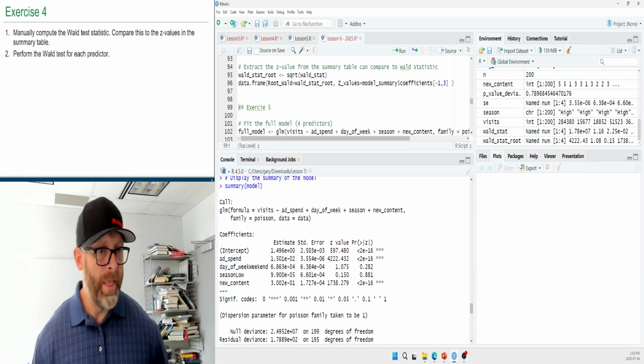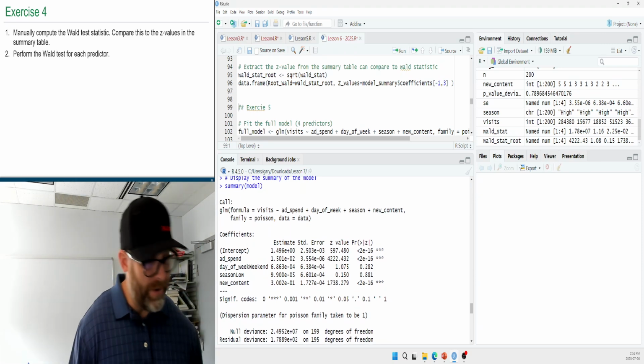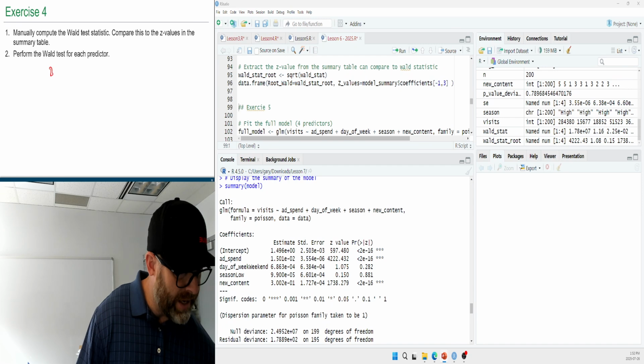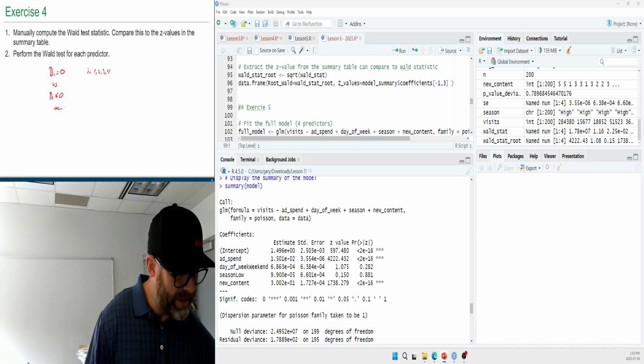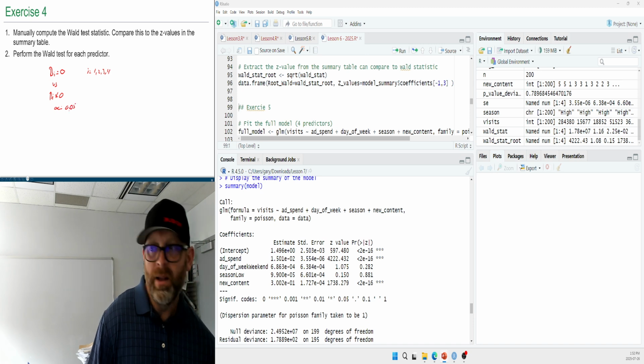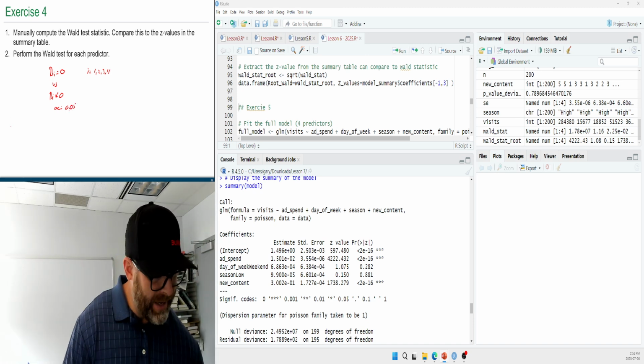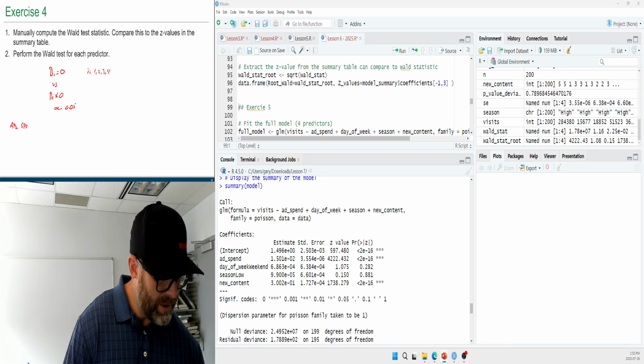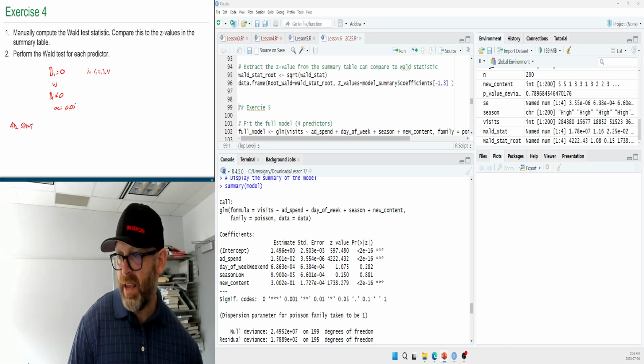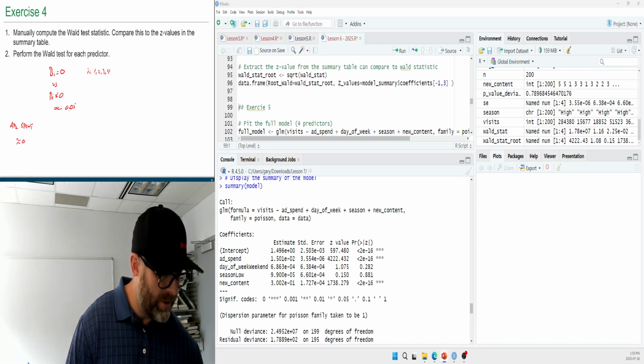Here's my summary table. And you can see from my screen above here. So if we do the hypothesis test, this is H naught: B_i is equal to 0 for i equal to 1, 2, 3, and 4. The alternative is B_i is not equal to 0. And alpha being 0.05. There we go. So if we look at ad spent and its respective p-value, this is approximately 0, which means reject H naught.